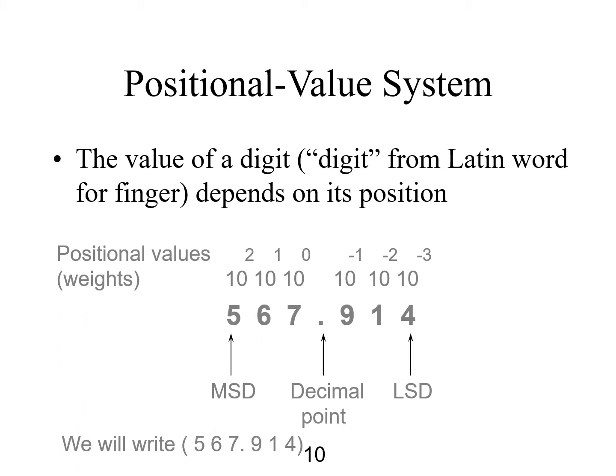These are the negative powers of the base, that is 10. The leftmost digit is called MSD, the most significant digit, and the rightmost digit is called the least significant digit. So this is called the positional value system.